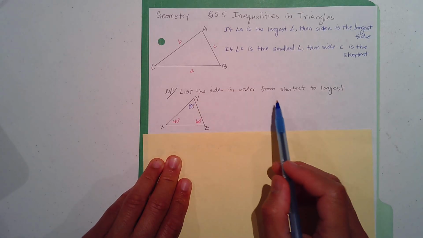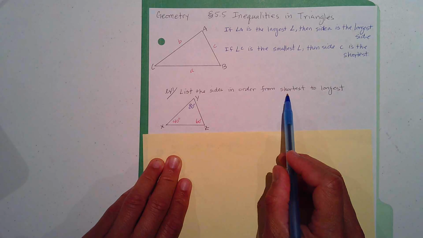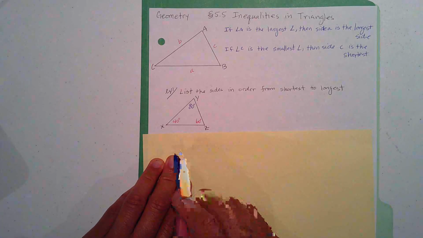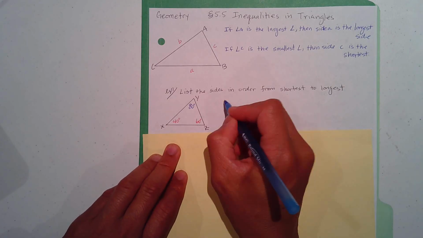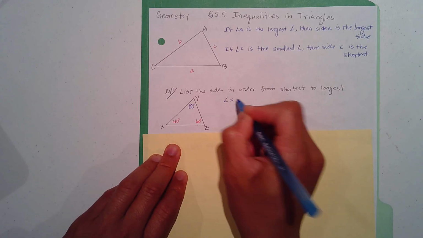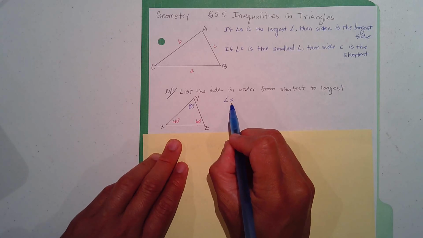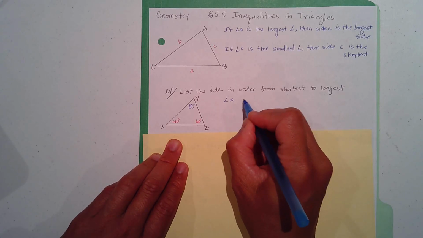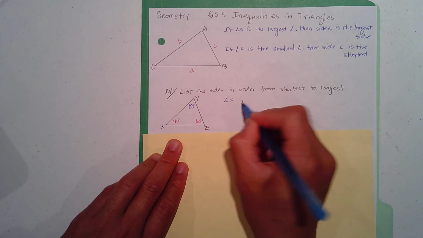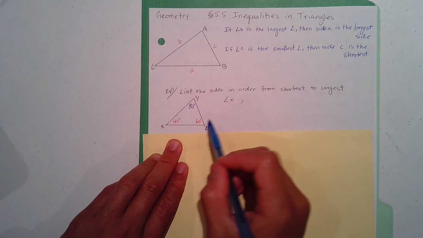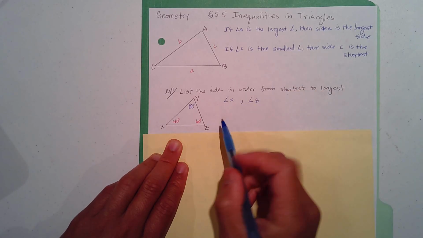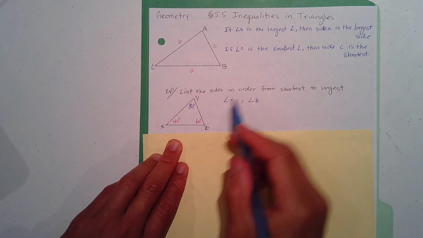They want the order of the sides from shortest to longest, so find the smallest angle. Well, angle X is the smallest angle. After angle X, it's angle Z. And the largest angle is angle Y.